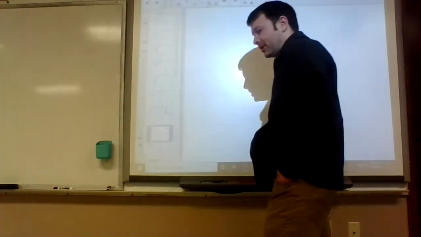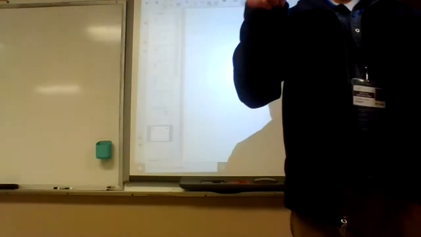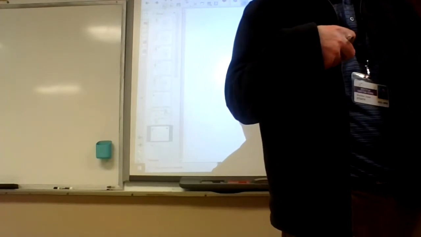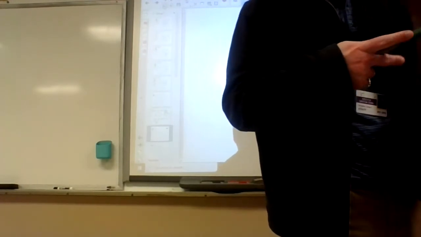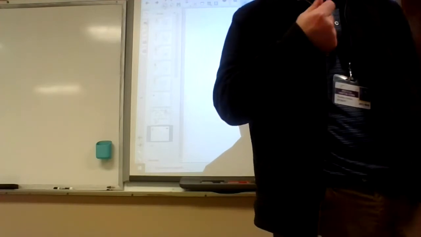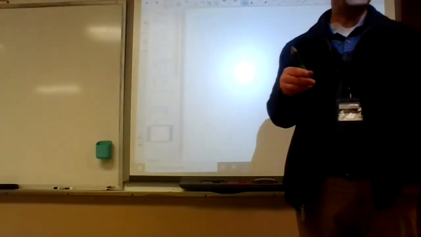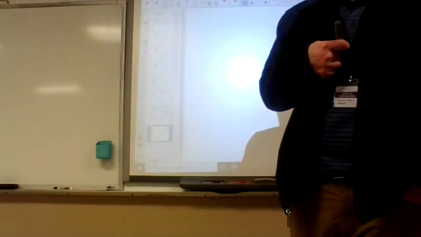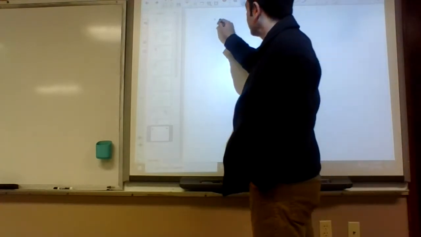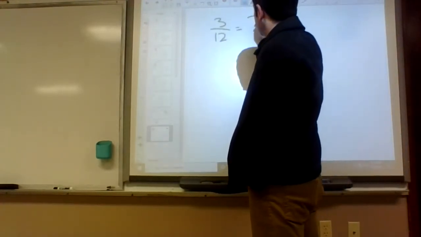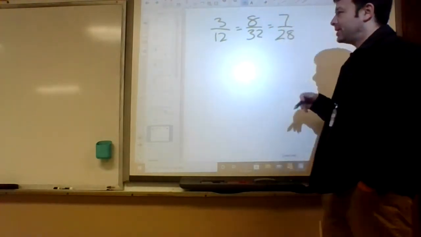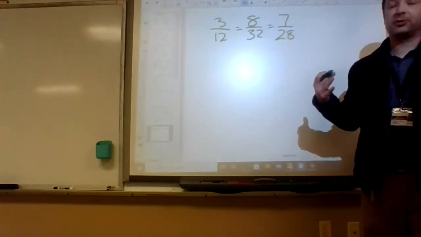If they're going to be proportional, it should be the smallest with the smallest and the biggest with the biggest. Did they line them up for us? It looks like they did. So if 3 over 12 equals 8 over 32 equals 7 over 28, if that is a yes, then the triangles are similar.